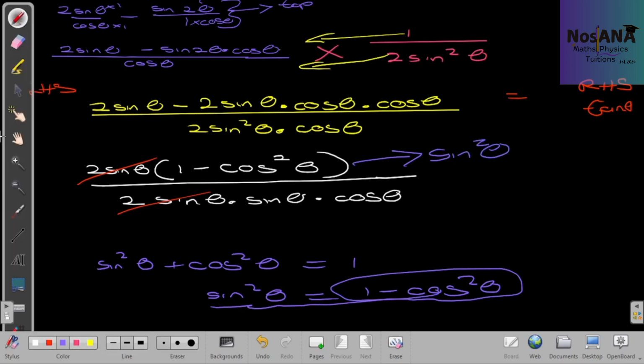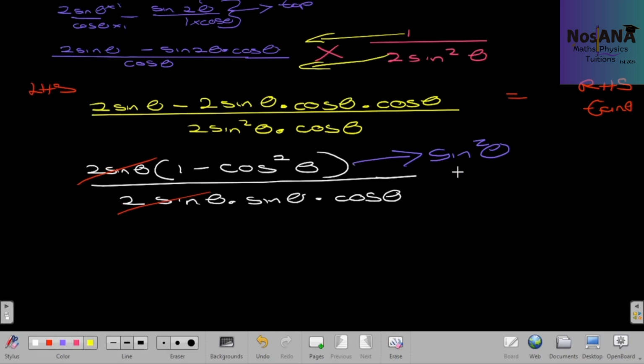Alright, so let me just erase this. Now we are just going to change that back, and we have what? We'll have sine squared theta. But I don't want to do that now. I'm going to say sine squared theta all over sine theta times cos theta.